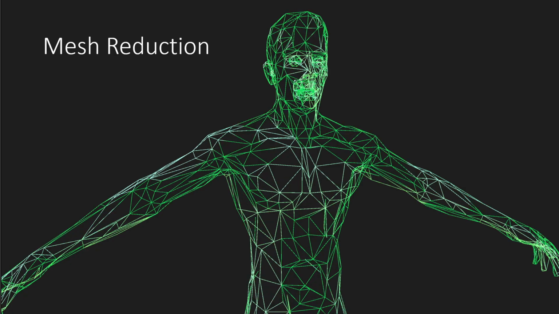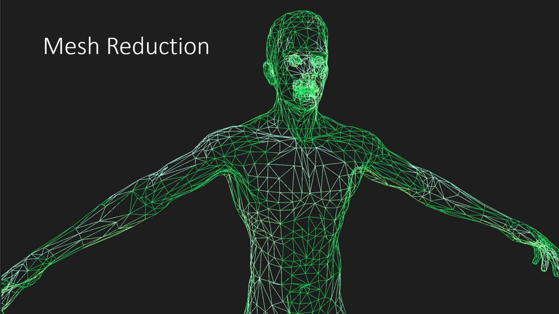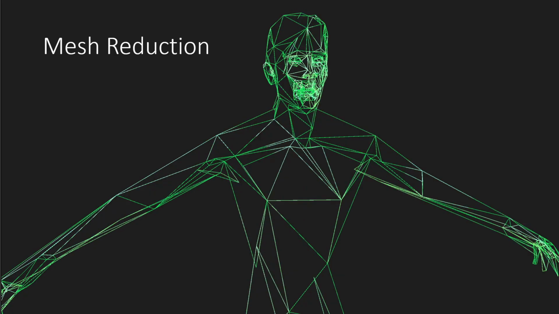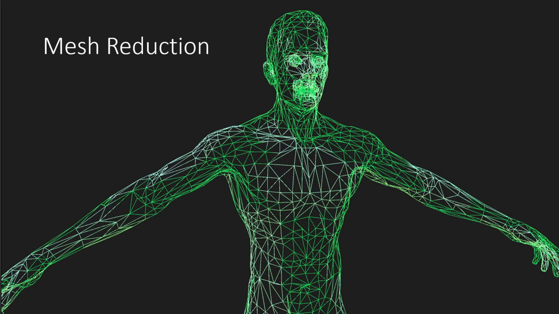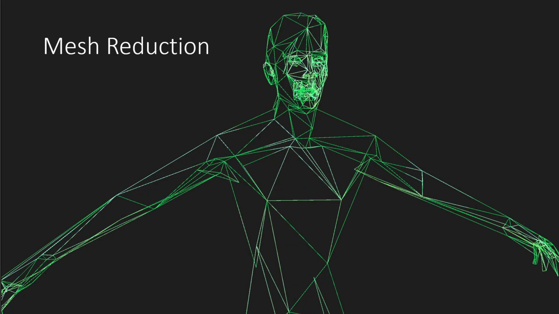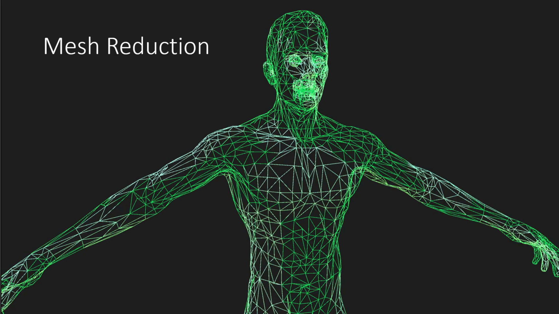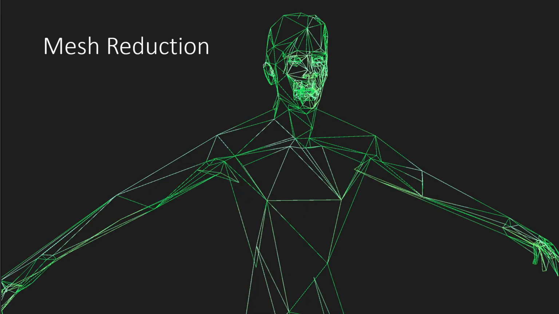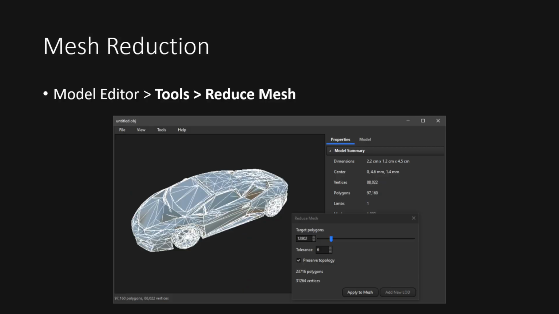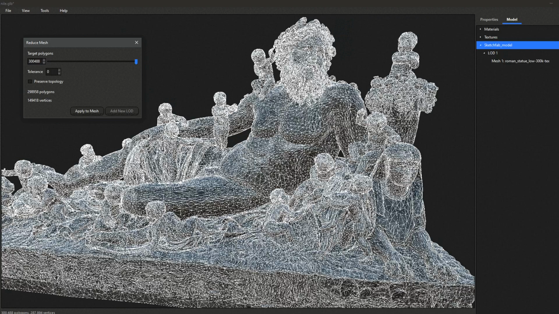Here's a character model being reduced by, I don't know how much, but it's a lot. I think of this as like Doom Eternal, Doom, Rage, Quake 3. So it works with mechanical shapes, and it works with organic shapes.